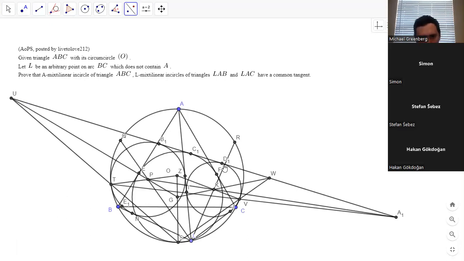Okay, let me skip that one. So I'm going to reflect B1 over PK. And so I have E1, F1. So those are the tangents from U and A1.